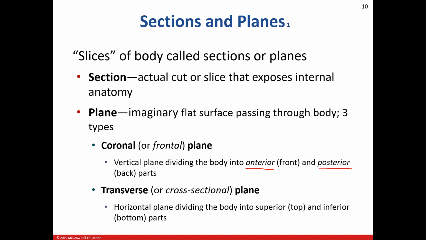If we use a transverse plane, or cross-sectional plane, this is basically like cutting somebody in half, like the magicians when they saw the lady in half. This plane divides the body into a superior, which is the top portion, and an inferior, which is the bottom portion.